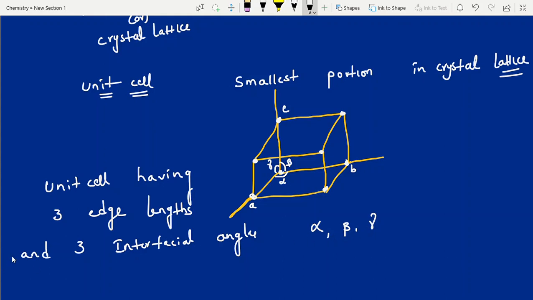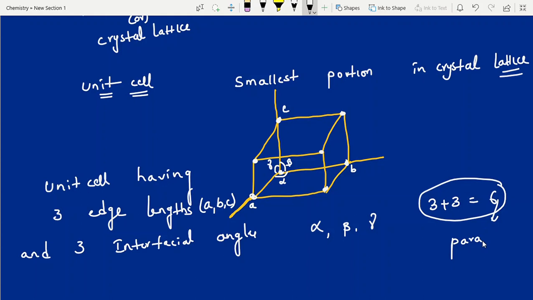Edge lengths, students, I am writing here a, b, c. So 3 plus 3, totally 6 parameters. How many parameters, students? 6 parameters, right? Based on these 6 parameters, crystals are classified into 7 systems.